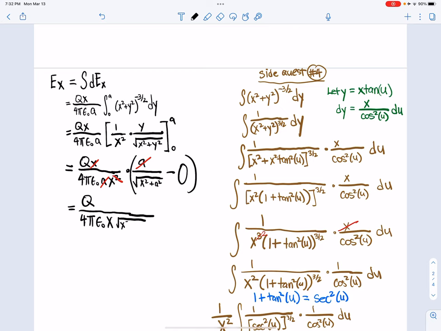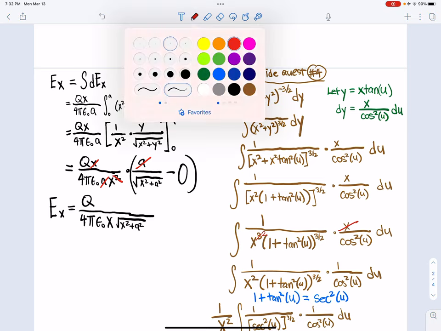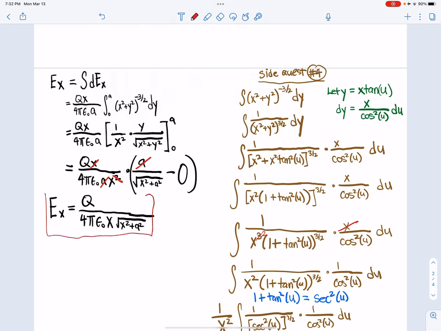Square root of x squared plus a squared. Okay, that is our x component of electric field produced by charge distribution Q. So that's 1/2 of our answers for part A. I know that was kind of a long one, but we're getting there.